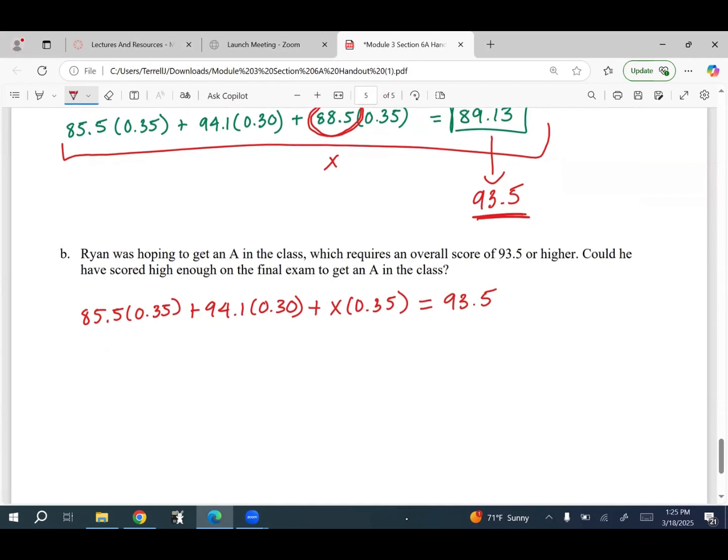So I want to simplify this left-hand side. If I do that, I should get 58.155 plus 0.35x equals 93.5. I want to subtract 58.155 from both sides.